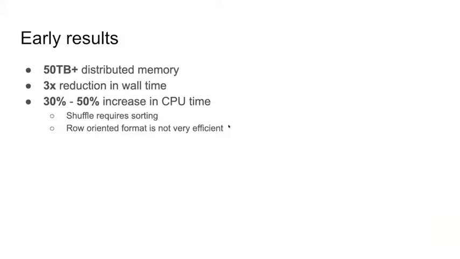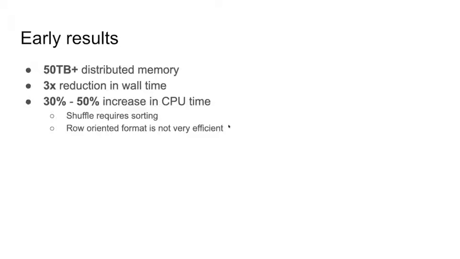So we ran some tests on our internal Spark. So far we've been able to run a query that would otherwise require more than 50 terabytes of distributed memory in Presto. So it was like a 10x. We increased the distributed memory limit by a factor of 10x.